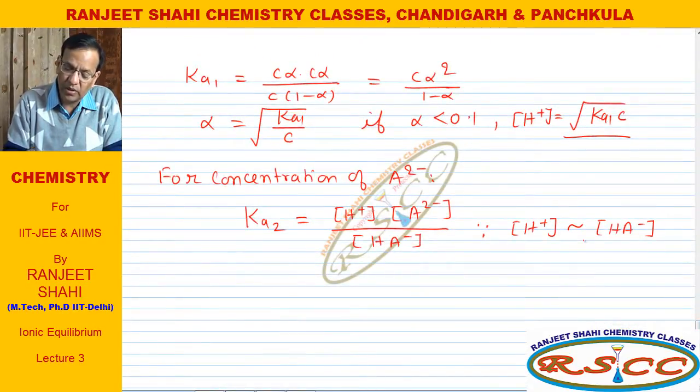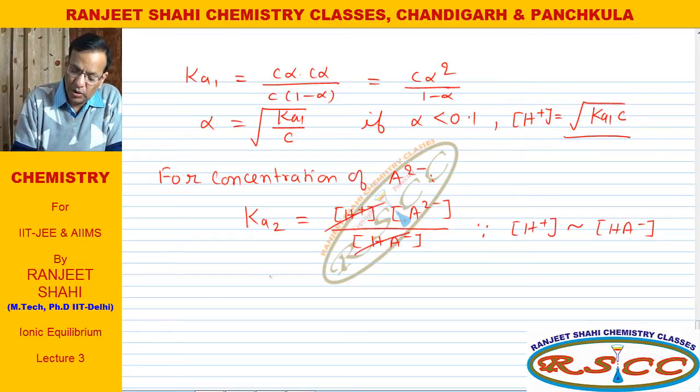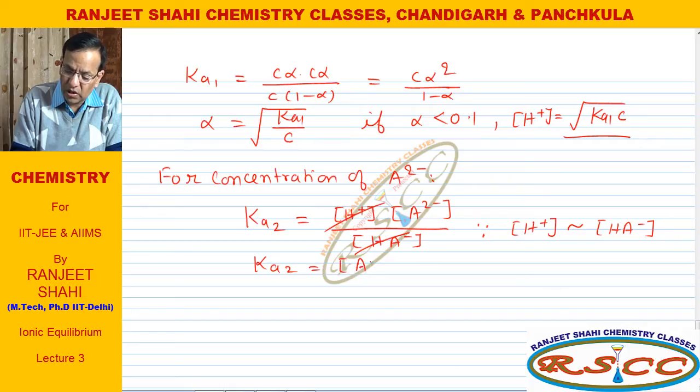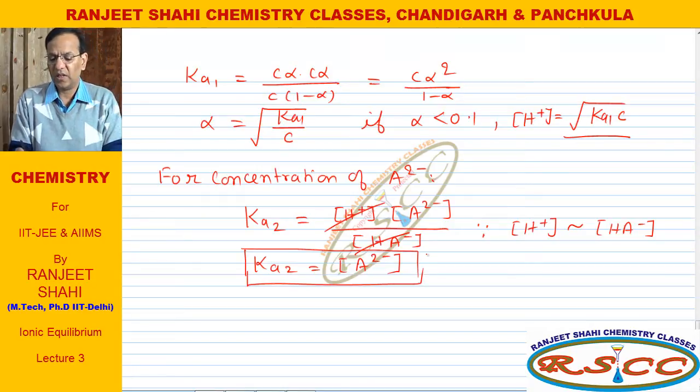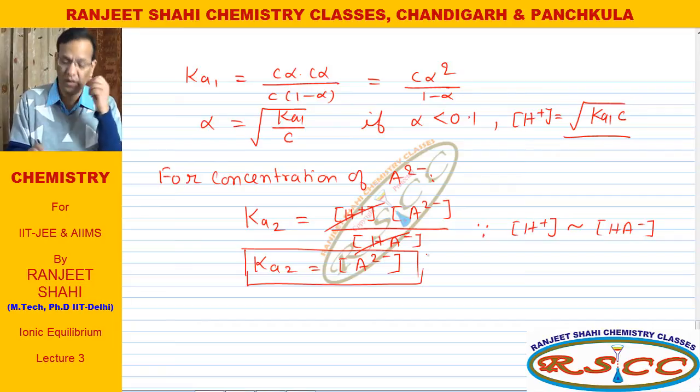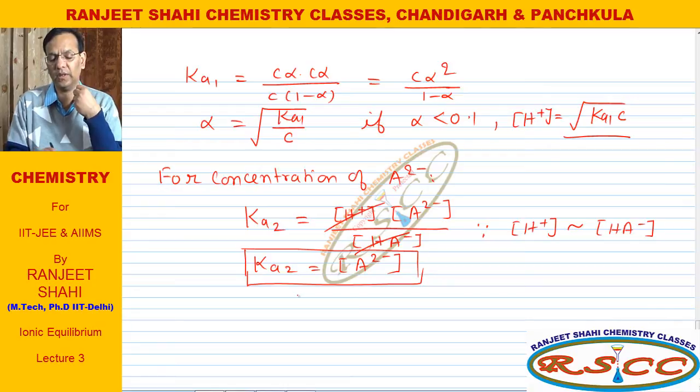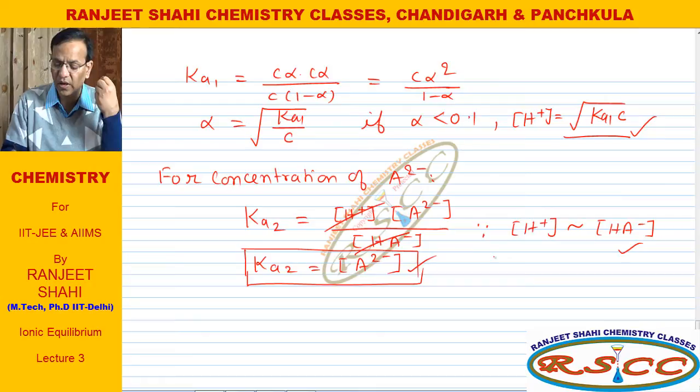With this approximation, these will cancel out, leaving Ka2 equal to the concentration of A2 minus. So, that is how we determine the concentration of A2 minus in the solution. This is for pH, this is for the concentration of A2 minus, and all of this is based on the assumption that K2 is much smaller than K1.